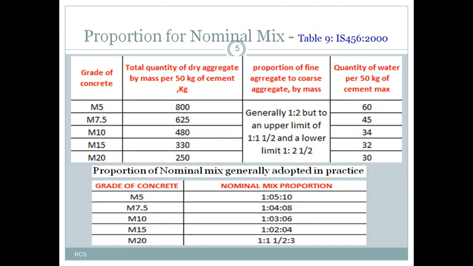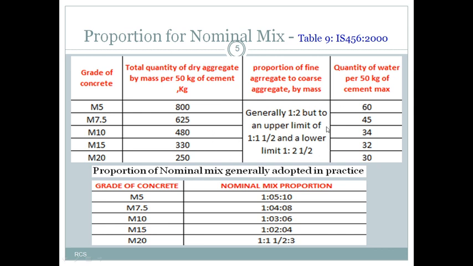The mix proportions for the nominal mix as per IS 456-2000 are given like this. As I discussed earlier, the grades of concrete for nominal mix are M5, M7.5, M10, M15 and M20. If you take a particular grade of concrete like M5, the required quantity of coarse aggregate for a 50 kg bag of cement is 800 kg, and the water required for this is 60 liters.